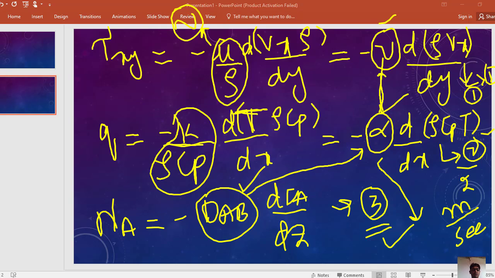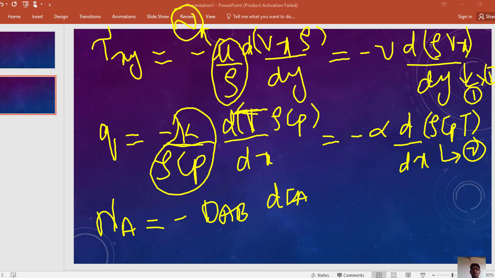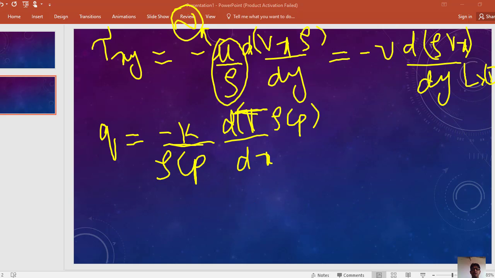Now if someone is interested to increase the transport of momentum, energy and mass, then he will use the turbulent flow. In the turbulent flow, the momentum, heat and mass fluxes are increased. So in turbulent flow, the transport of momentum, energy and mass are increased.